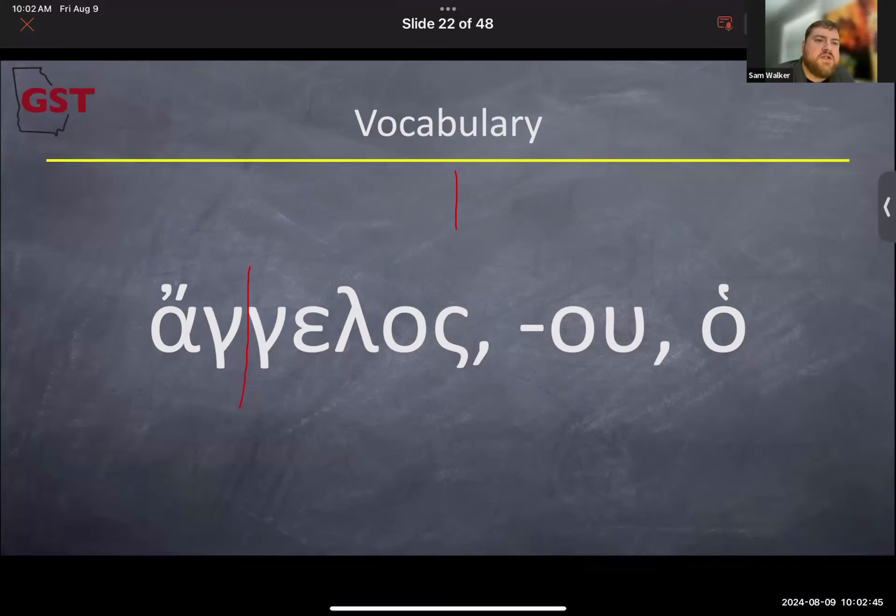The alpha and the gamma, and then the gamma and the epsilon, and then the lambda, omicron, sigma. Now the first gamma, you correctly said, is pronounced like an N, right? What's the second gamma pronounced as? As a gamma, a G, right? Yes, sir. All right.